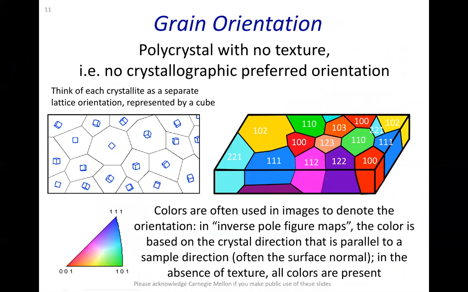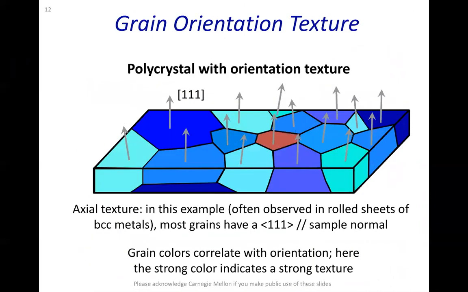Real fast, grains with a random distribution of orientations have no texture. There's no crystallographic preferred orientation. Texture here means preferred orientation. In this case, we think about a rolled BCC metal.